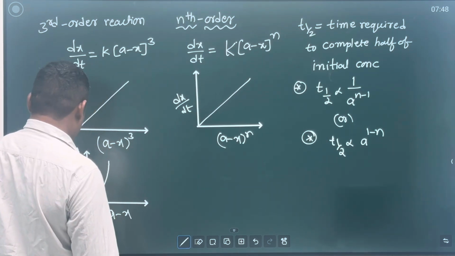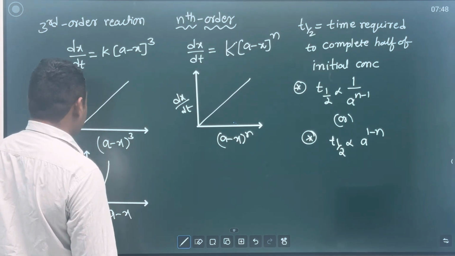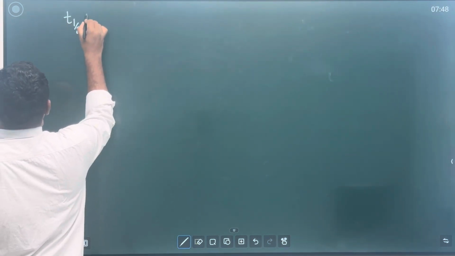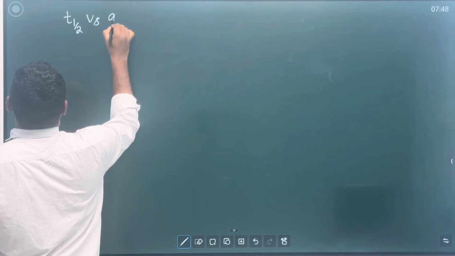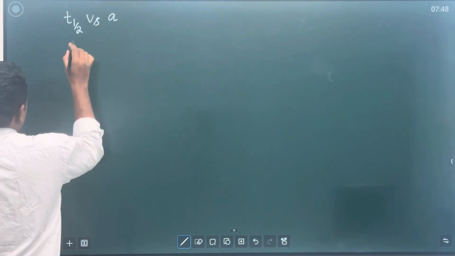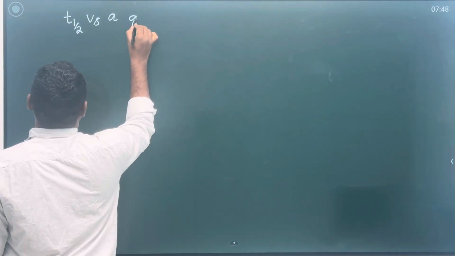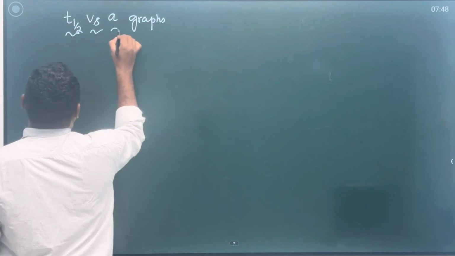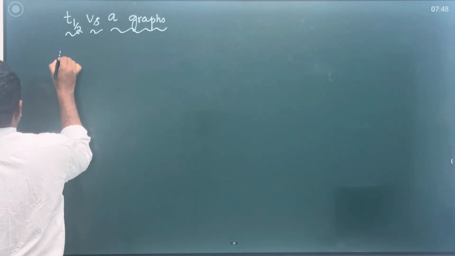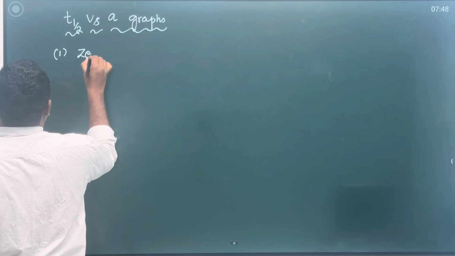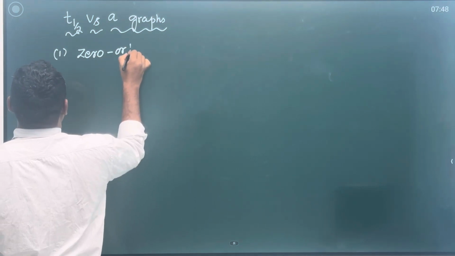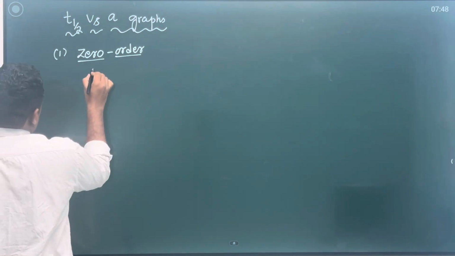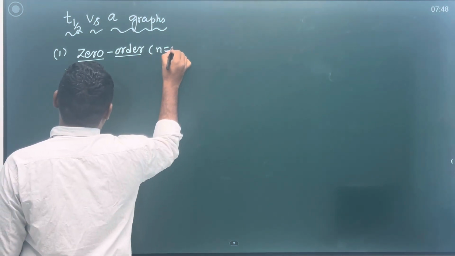For example, for zero order reactions, the t half versus initial concentration graph. In zero order reactions, n is equal to 0.